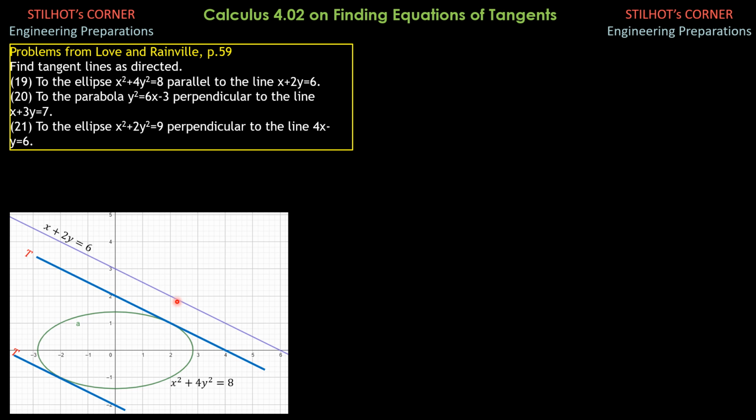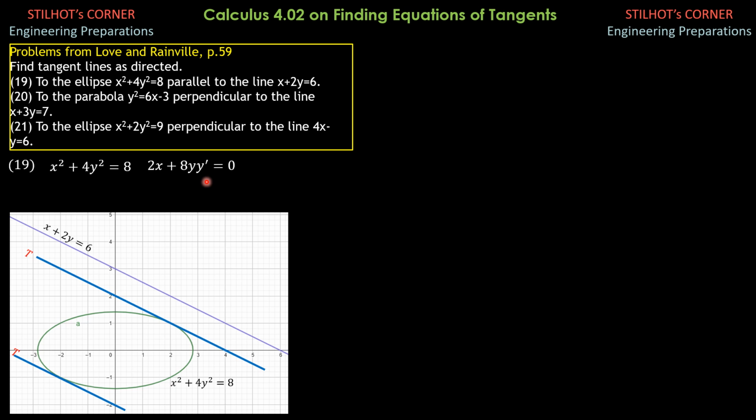We begin by differentiating the equation of the ellipse to set up the equation of the tangent. From x squared plus 4y squared equals 8, we have 2x plus 8y y prime equals 0.